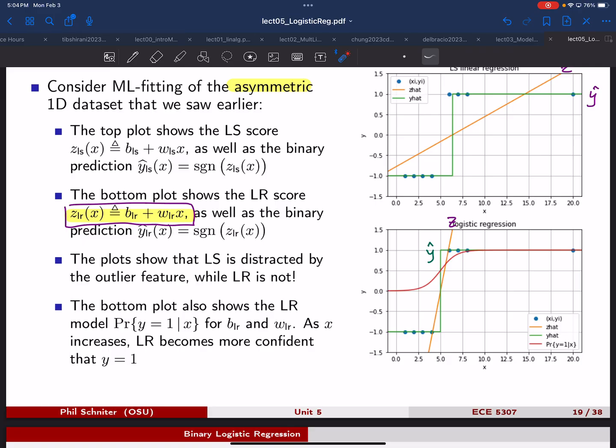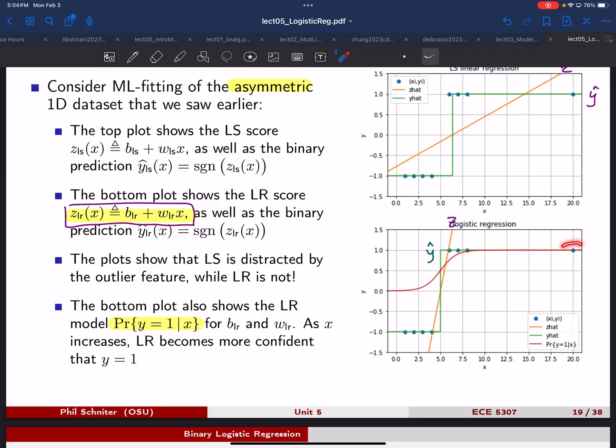And we're plotting one more thing here, which is the probabilistic model. This is the probability that y_i equals 1. And you can see that when we're right on the boundary here, when z equals 0, it's exactly 0.5, like we expect. And as our feature goes to the right, we're more and more confident about how to classify that feature.